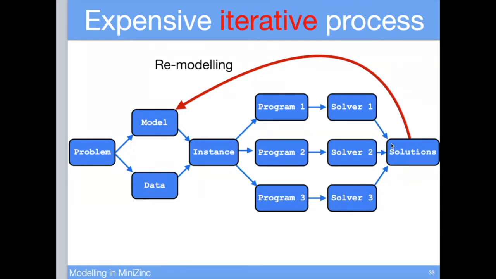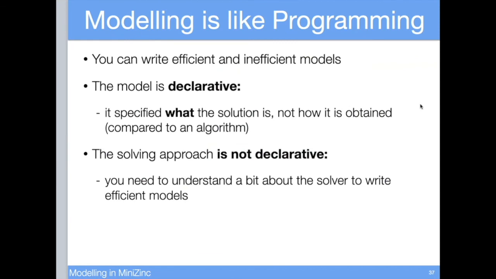We might add constraints, we might relax constraints, and so on. Particularly if you've got a client, the first solutions you show them, they'll say, well, this is meaningless, it doesn't attach to the real problem that I've told you about. So this process is expensive and iterative, so we want to be able to do it as quickly as we can. So modeling is like programming.